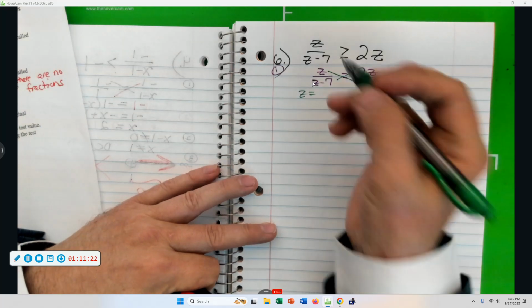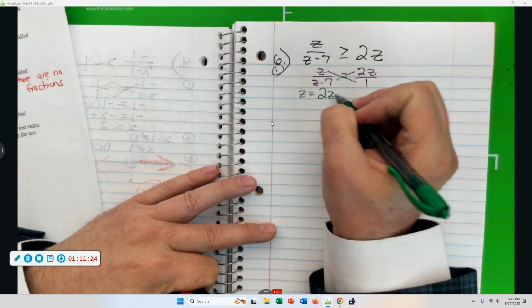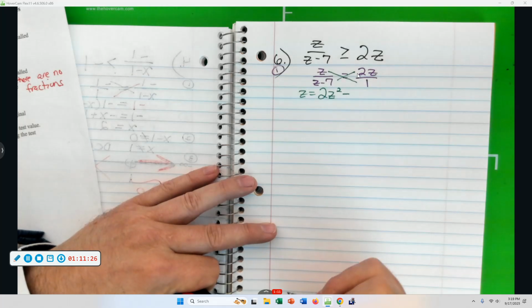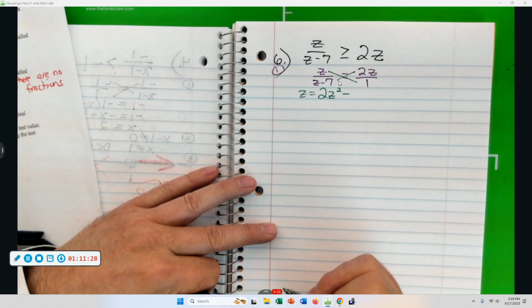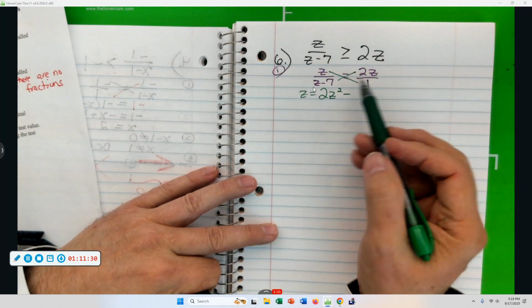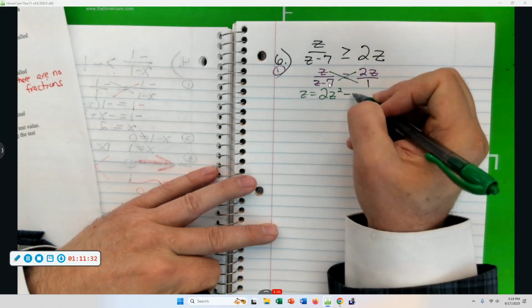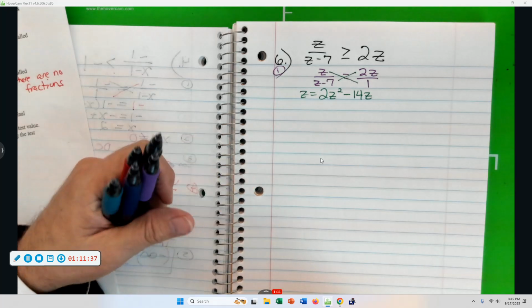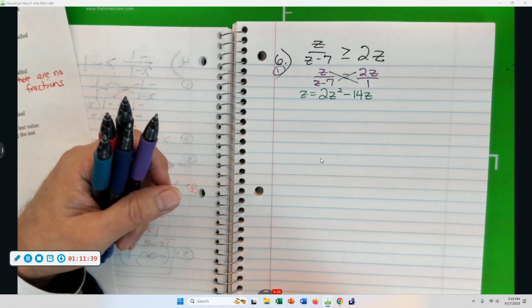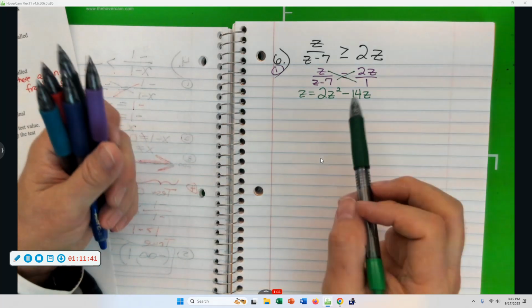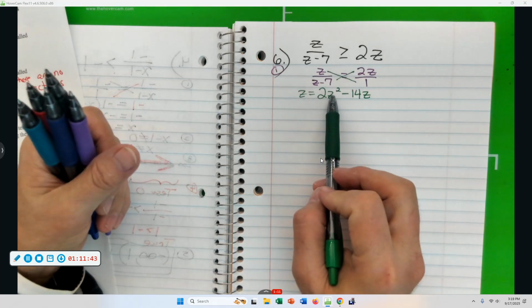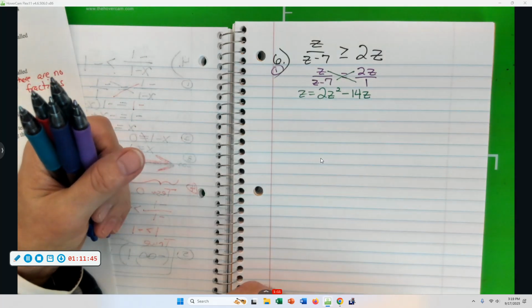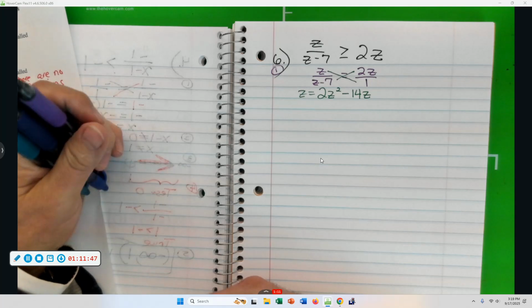2z times z is 2z squared minus 2z times that 7. That's how I got that minus 14z. Uh-oh, it's quadratic. That means we need to get it set equal to 0 and solve.